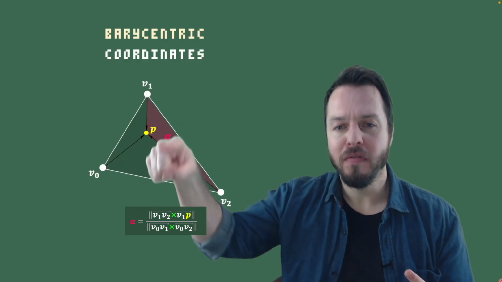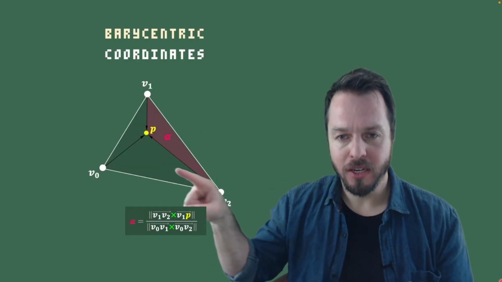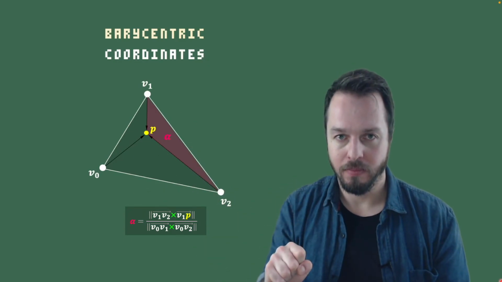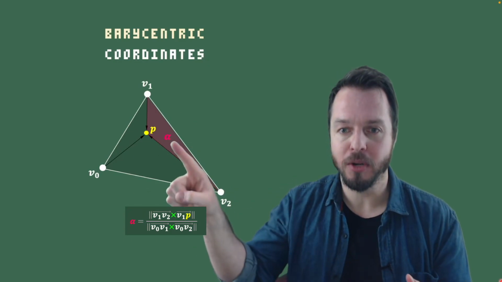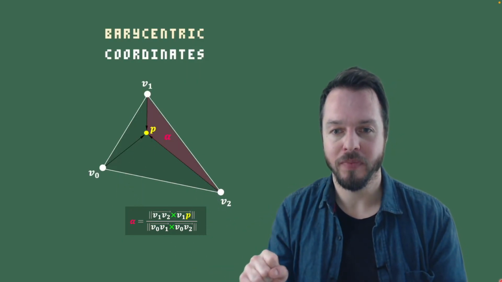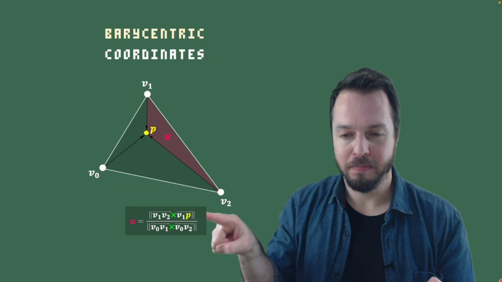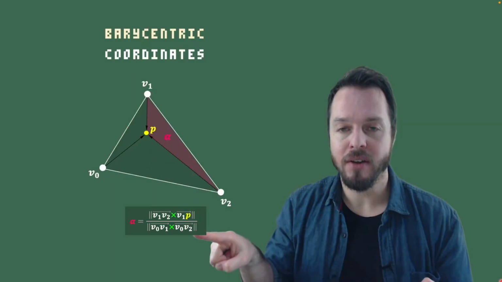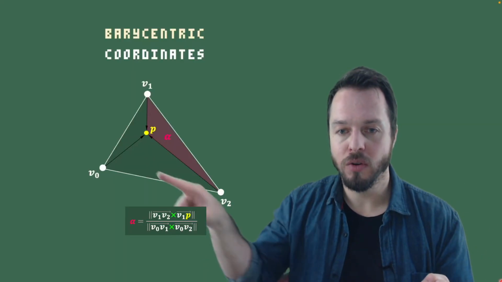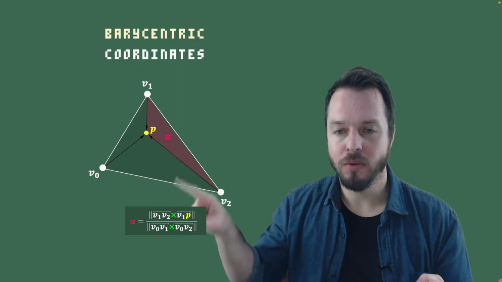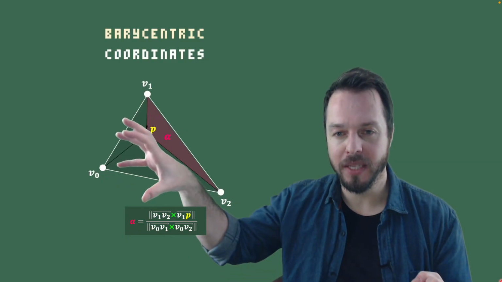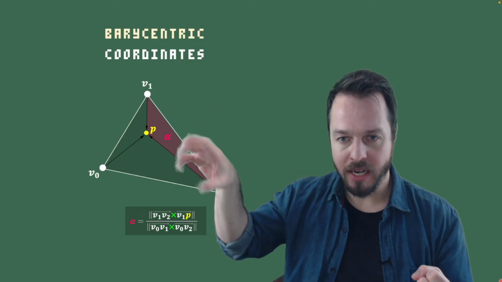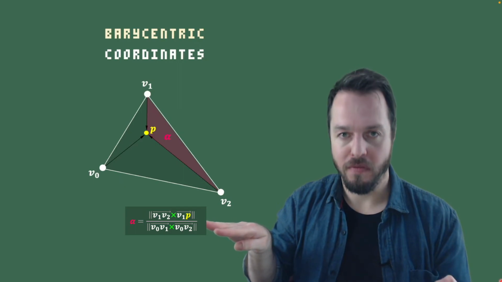The alpha weight is the area of the subtriangle divided by the area of the entire triangle. This gives me the percentage we are pulling to V0. So the area of that parallelogram, this red here, is divided by the area of the entire triangle, which is V0V2 and V0V1, giving me the area of this entire parallelogram. The red divided by the entire area is my alpha.